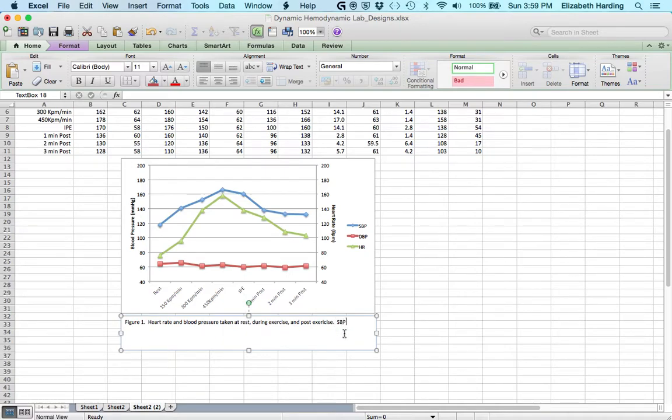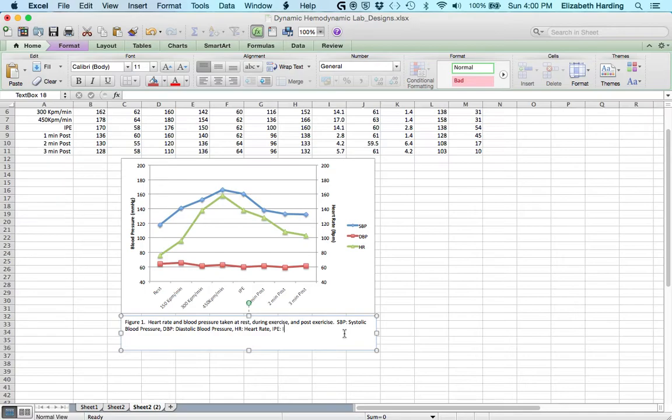So SBP. Resist the urge to use a semicolon here. Even if you think they're self-explanatory, don't take a chance that your reader has no idea, or that your reader knows what you're talking about.